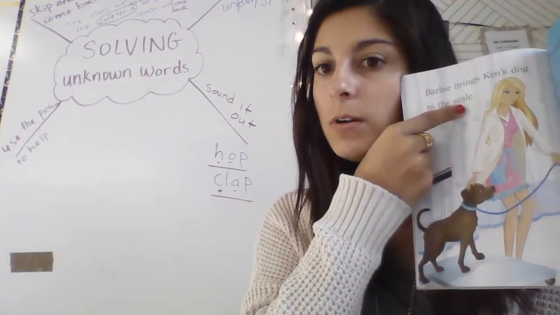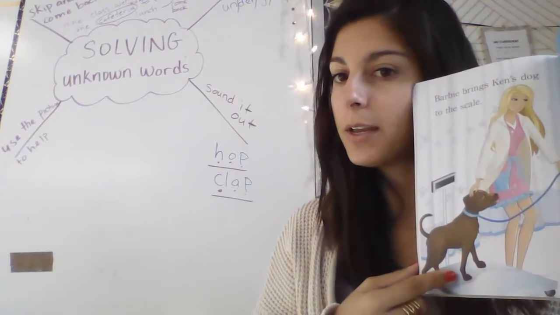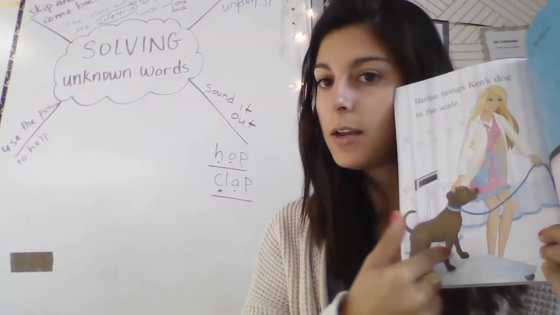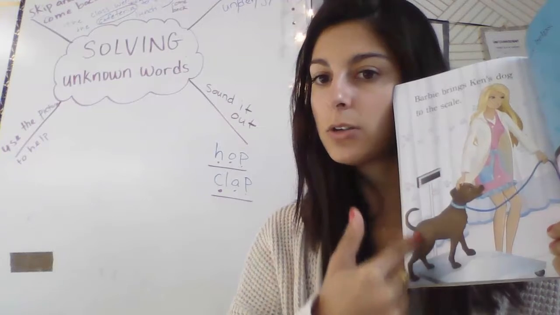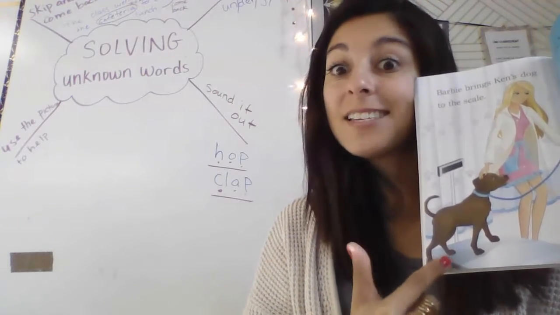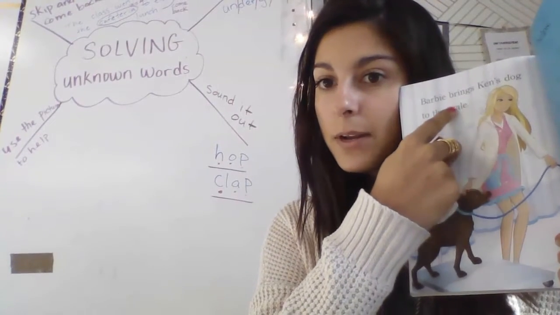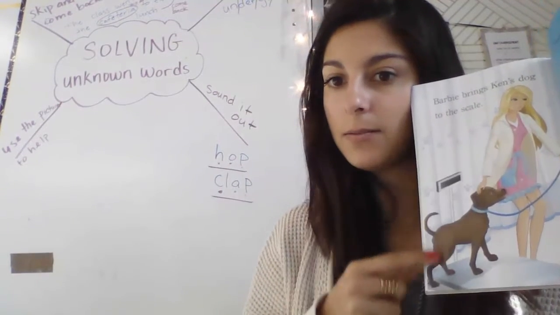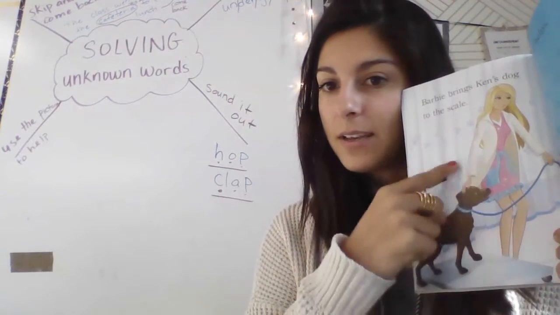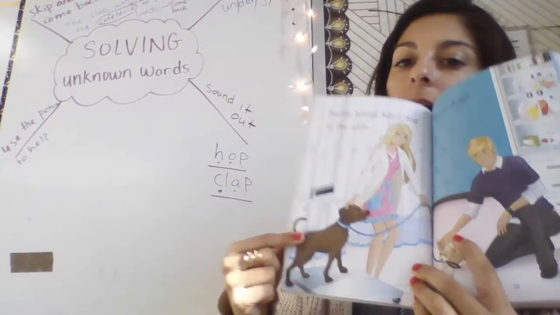So what can I do? I'm going to look at my picture here. Where did she bring his dog? What is he on? Barbie brings Ken's dog to the... I think that's a scale that he's stepping on. Let's see if that makes sense. Barbie brings Ken's dog to the scale. That does sound like something they would do when they're at the vet. So I'm going to go with that. Scale.